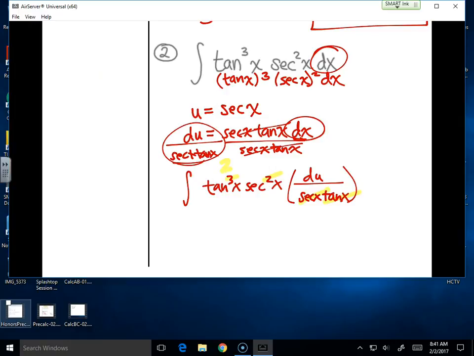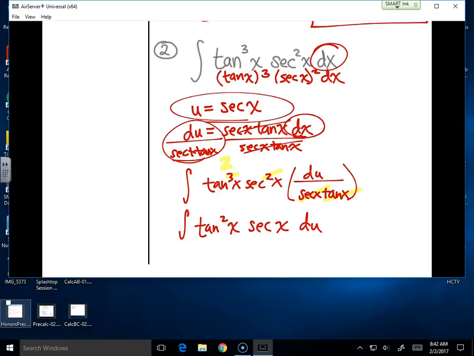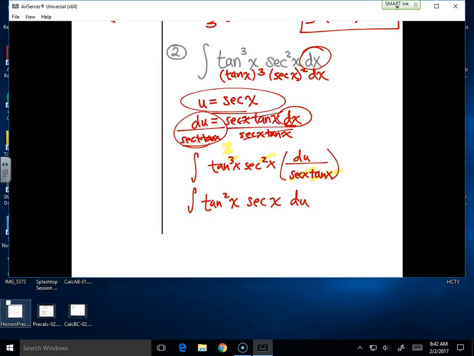What do I have left? I have the integral of tangent squared secant du. Uh-oh. Well, I still need more u's in there. Oh, I have this. U equals secant. Well, can't I go ahead and plug that in? And I'll have the integral of tangent squared x times secant, which is u, times du.